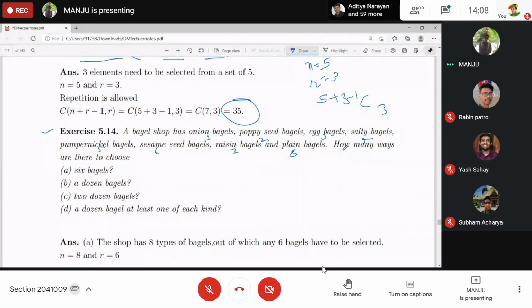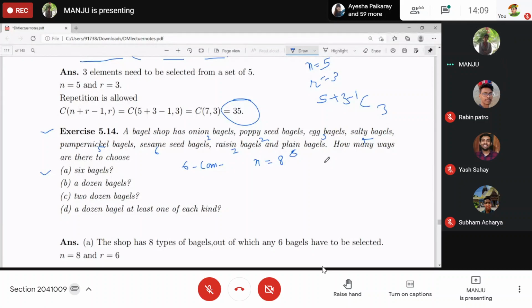How many ways are there to choose 6 bagels? You need 6 combination. Obviously repetition may be allowed, since you can choose all onion bagels. So n is 8 and you need 6 combination, with repetition allowed.